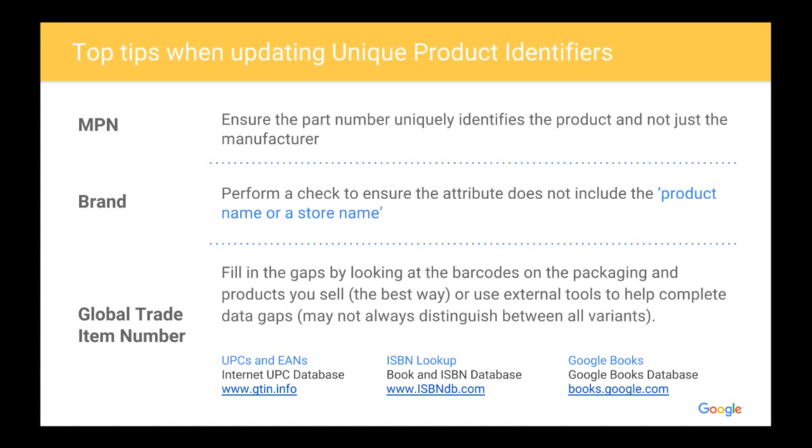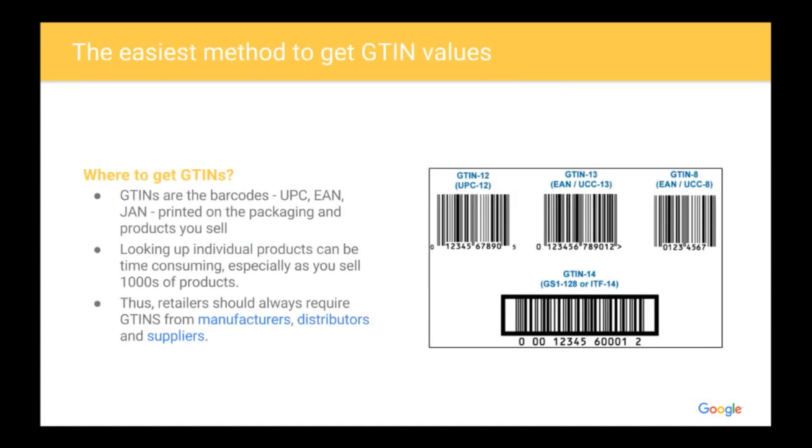Diving into this last one a little more, as we mentioned earlier, there is a requirement coming up in mid-May, so we want to make sure you have time to prepare. We will be hosting a Hangout on Air next week that will be a deep dive on GTINs, but here is a quick overview for now. We already said that a key part of helping shoppers find the right product is clearly telling us which products you're selling.